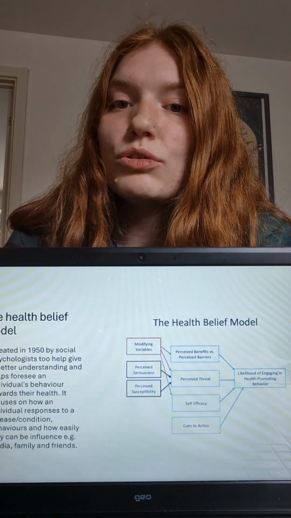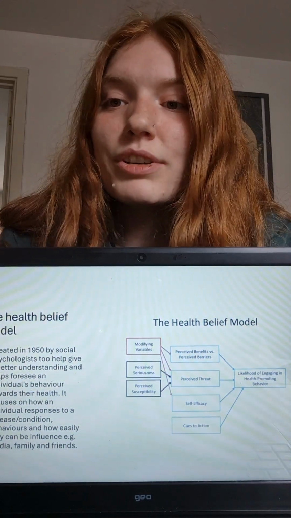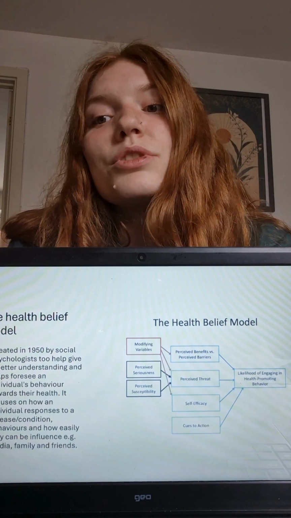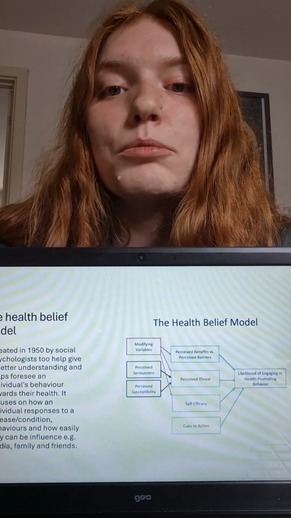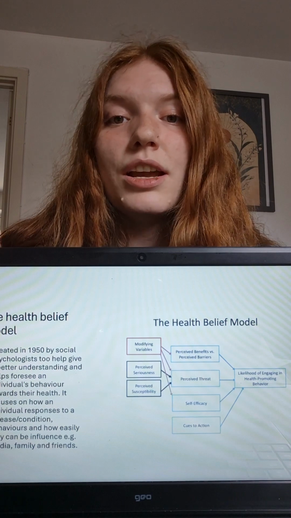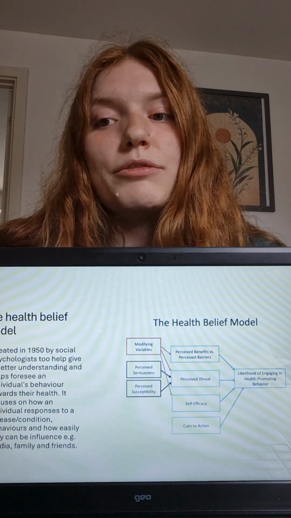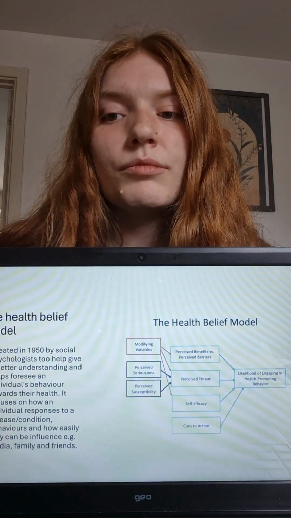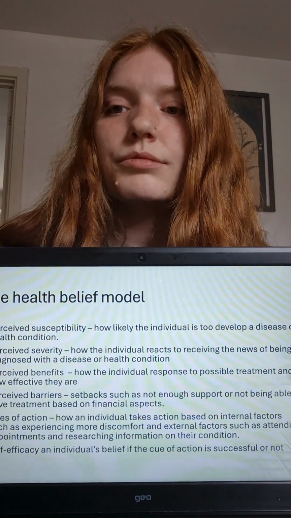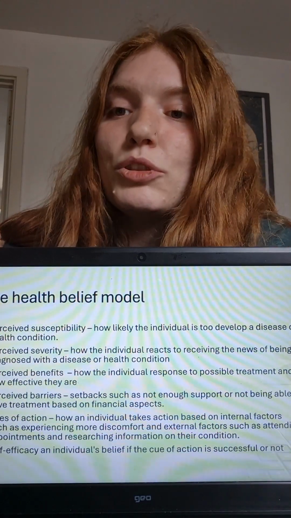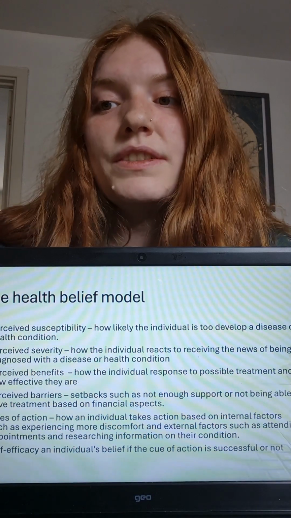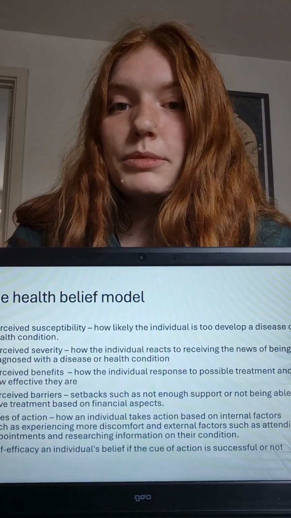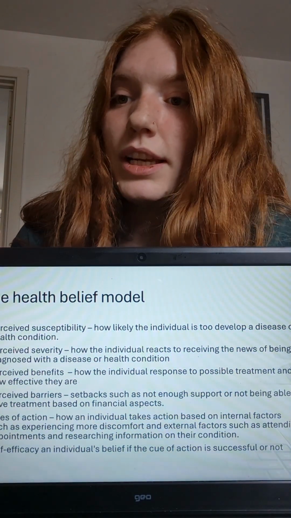The health belief model. This was created in 1950 by social psychologists. It gave a better understanding and helped professionals foresee how an individual would behave towards their health. Perceived susceptibility.